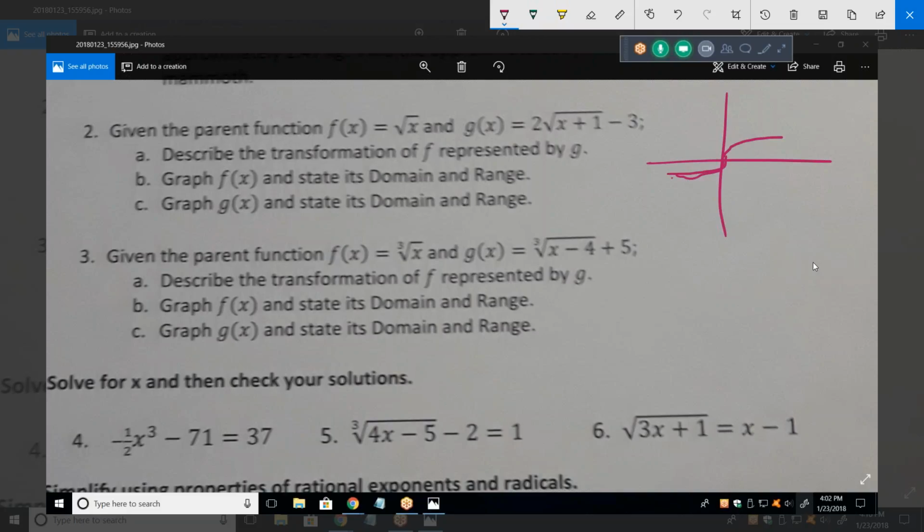Okay. In other words, that is y equals cube root of x. That's this function there. Now, we got two things only that are happening. What are they?